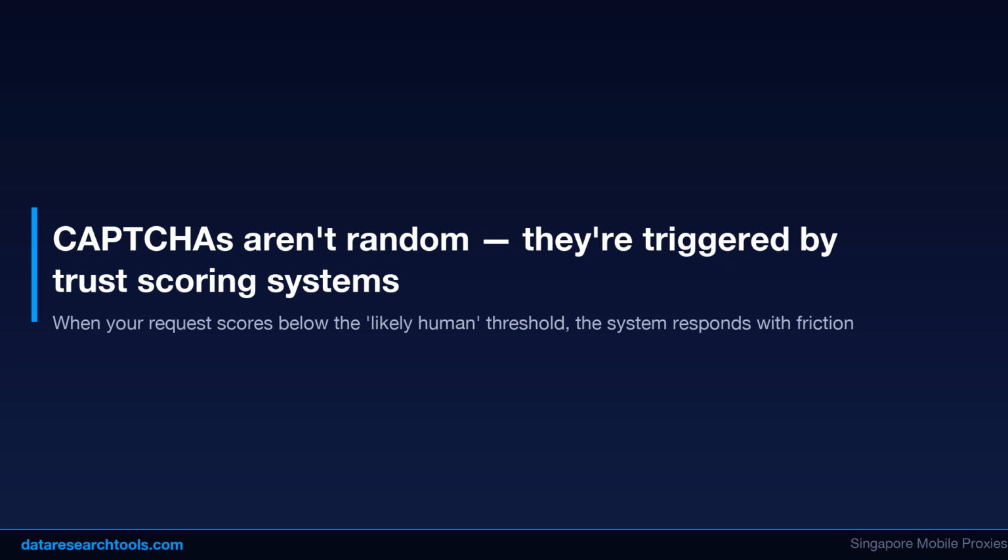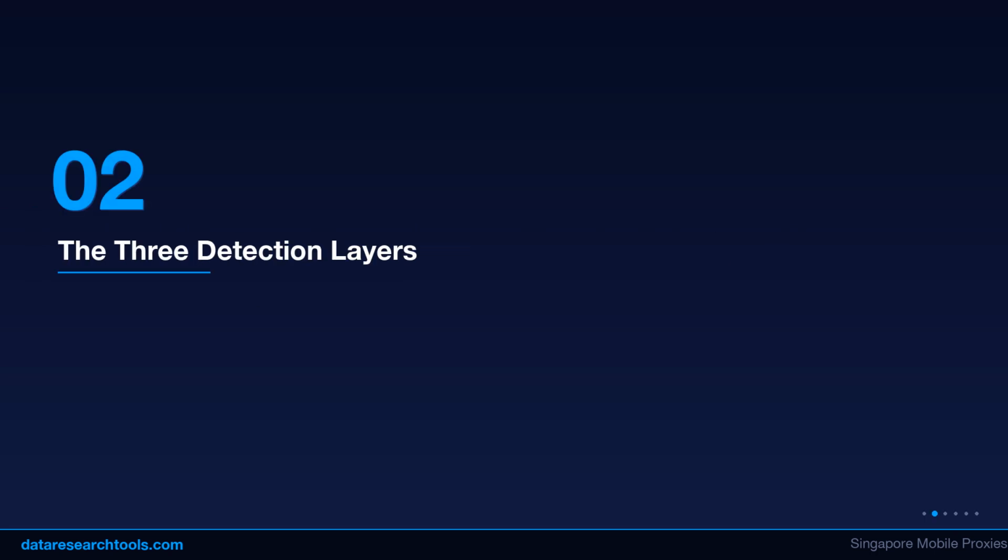Let me explain where mobile proxies do help, which is the network signal layer. The ASN of your IP is one of the first things a detection system checks. ASNs from cloud hosting providers, AWS, Google Cloud, DigitalOcean, Hetzner, those are immediately flagged as non-consumer traffic. No real user browses from an AWS data center. But ASNs from mobile carriers, Singtel, T-Mobile, Vodafone, SoftBank, those are treated completely differently.